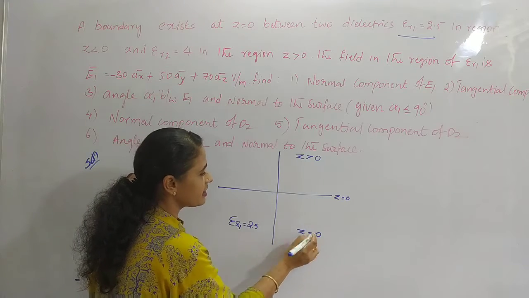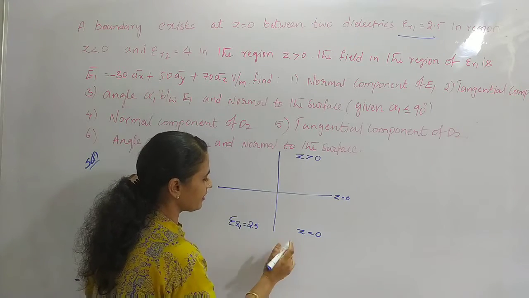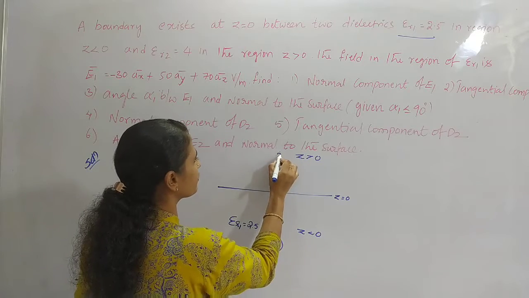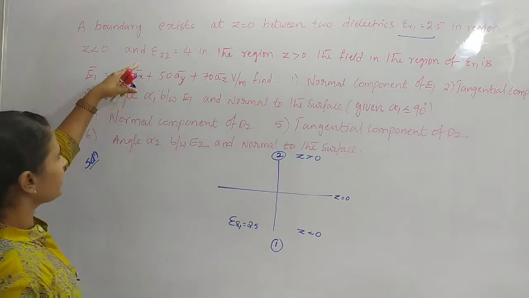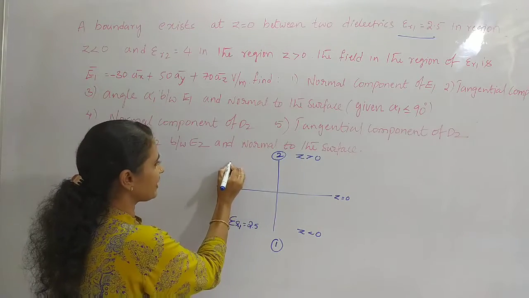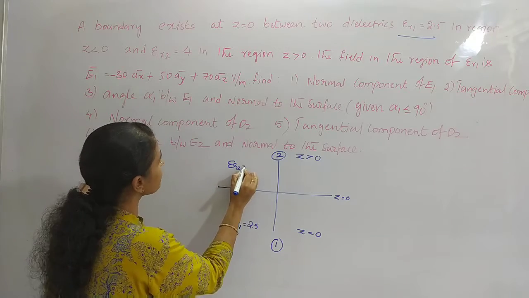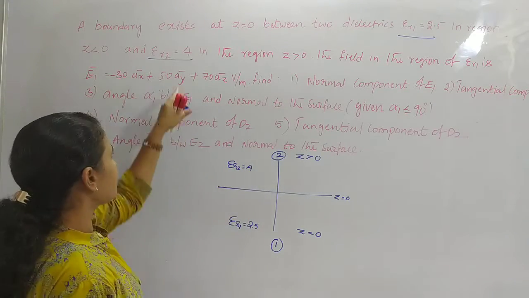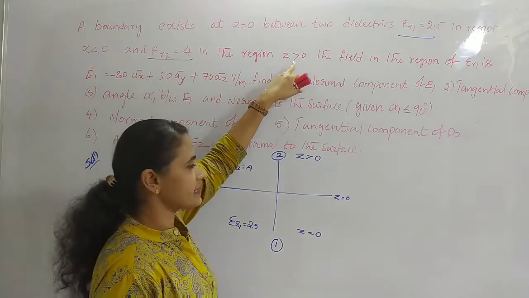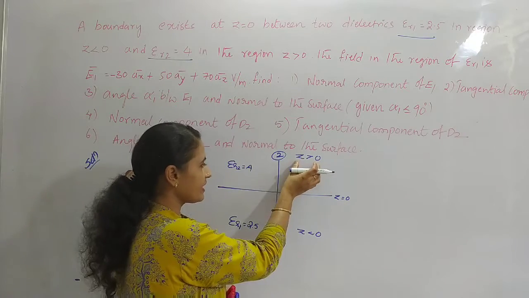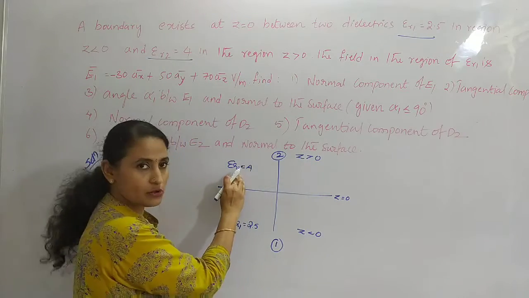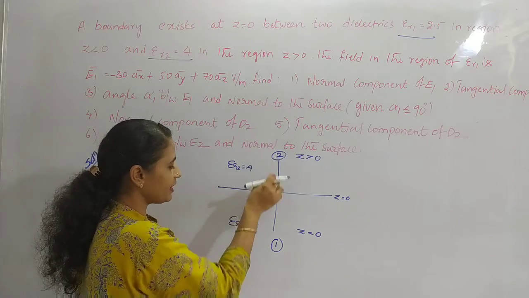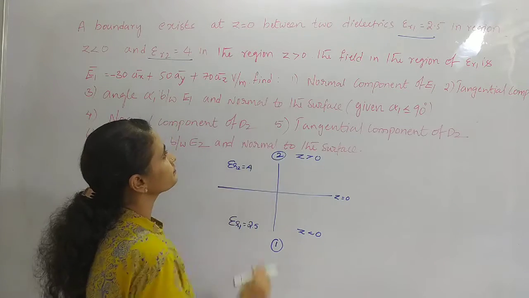They have stated that z less than 0 is medium 1 and z greater than 0 is medium 2. For medium 2, the relative permittivity is given as 4, for z greater than 0, as the suffix shows, epsilon r2. So, we can assume that this is the second medium, and this is the first medium.